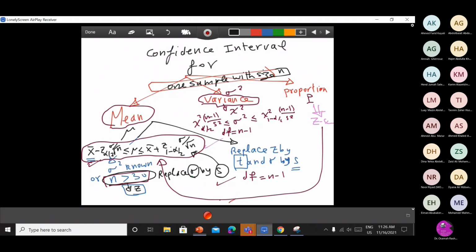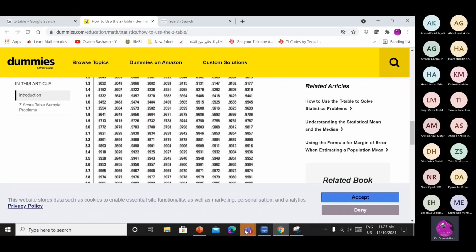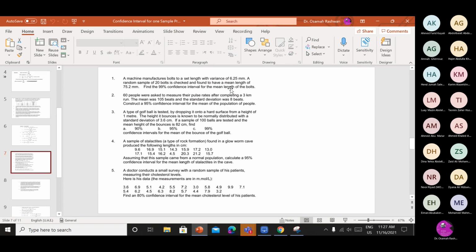So I go for the formula of Z. Okay. And I'm going to know n is given. Okay, n is 20. Sigma is given to you in the question, 6.25. Right?